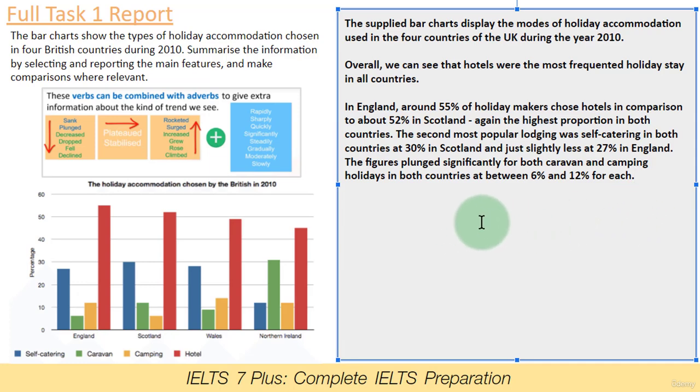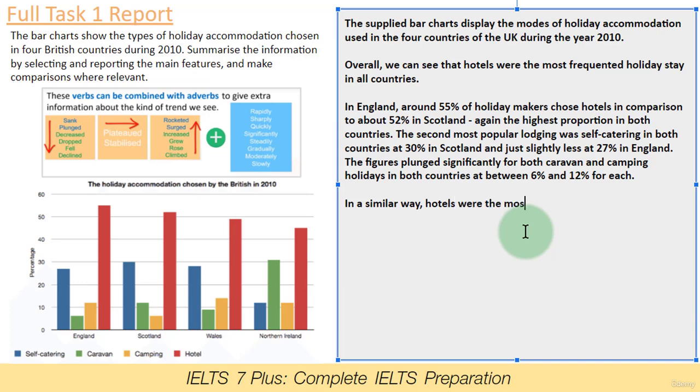The figures plunged significantly for both caravan and camping holidays in both countries at between 6 and 12% for each. Okay, so group 1 is done. Nice detail here. So I'm probably going to begin in a similar way and describe this in a similar way. In a similar way, let's say hotel.